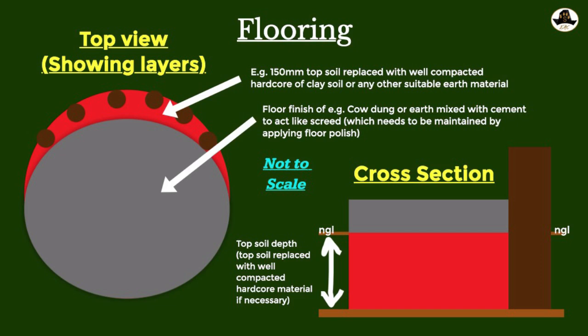So cow dung can be used because you can smoothen it. Probably not like screed, but it also gets a smooth surface. And then you can apply floor polish, just to avoid the smell and also to give it a nice finish. But you can also put screed if you are able to.